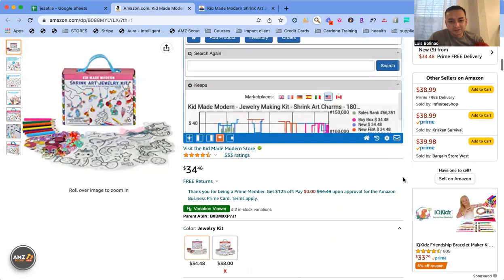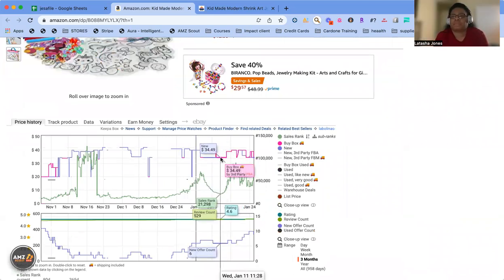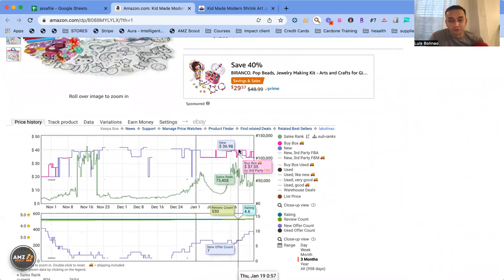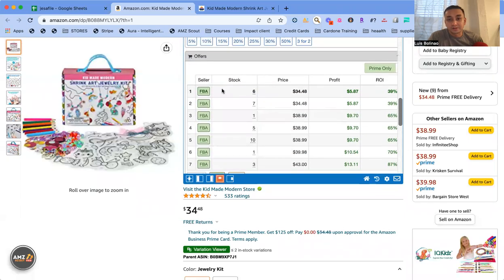And then from here, I will double check Keepa. This one has been selling, and it's kind of choppy, honestly, but recently it's been selling between 35 bucks and about 40 bucks. You see it? The bottom line is like 35, the top line is about 40. If you want to go a little deeper, look at the other sellers and see what price they're selling this at.